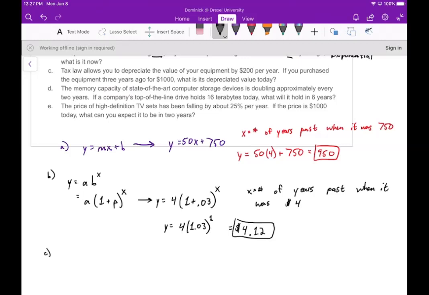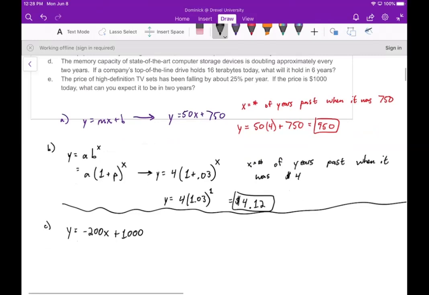Now in part C, we have that tax law allows you to depreciate the value of your equipment by $200 per year. If you purchased the equipment 3 years ago for $1,000, what is its depreciated value today? Well, again, we're decreasing by the same amount each time, so this is linear. And since the amount's getting smaller, we usually refer to that as decay. So here we're going to get something like y is equal to minus 200x plus 1,000.